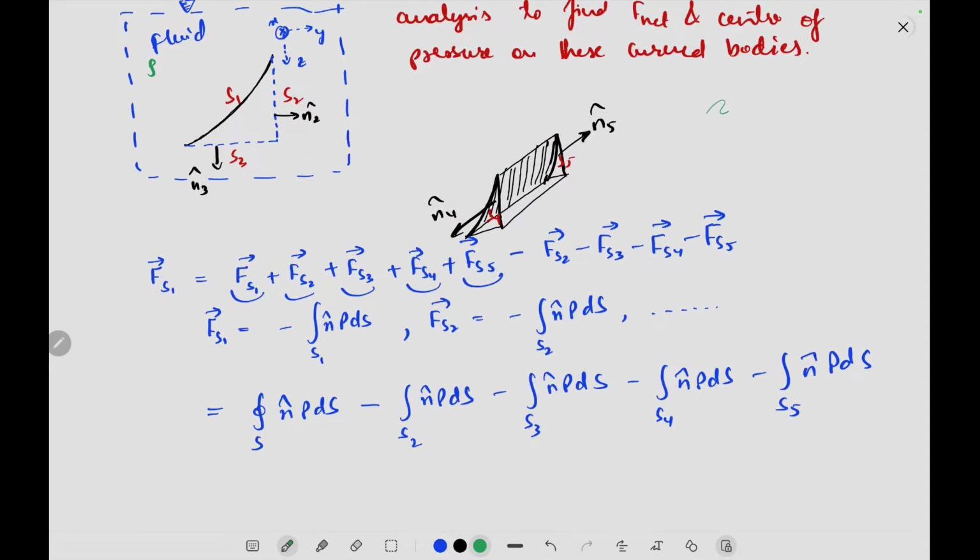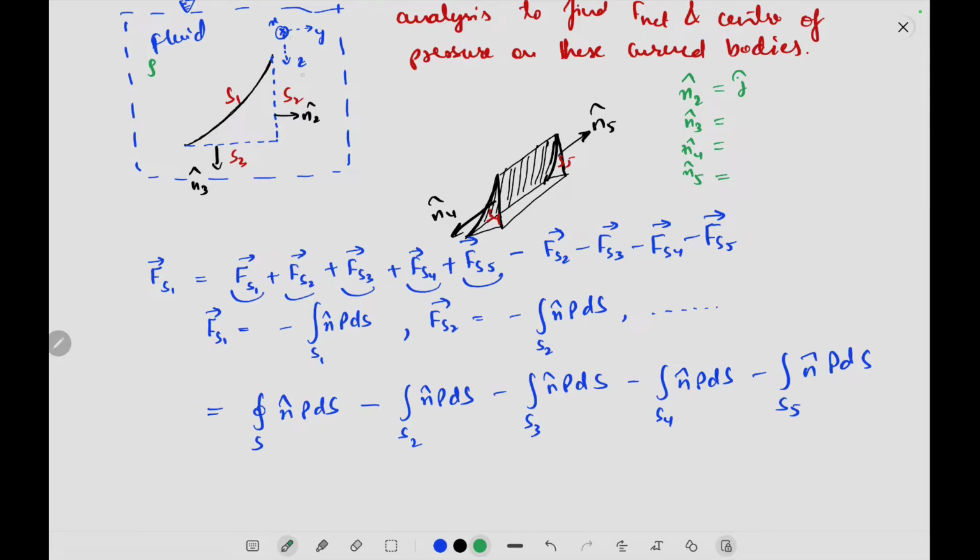So what would be n1? Okay, n1 is still not that straightforward, but we can write n2, n3, n4, n5. So what is n2? N2 is pointing in the direction of y-axis, so this will be simply j hat. What will be n3?